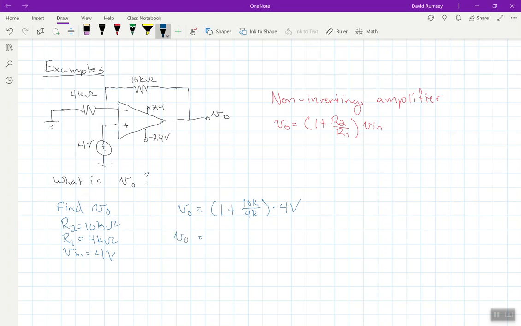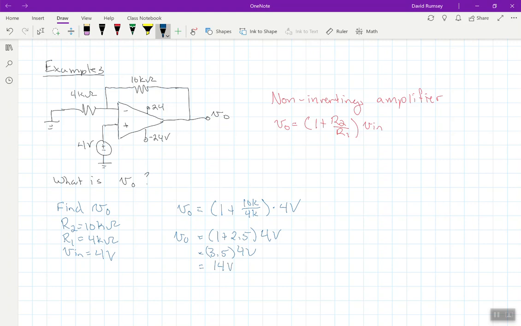Vout is equal to 1 plus 2.5 times 4 volts, which of course is just 3.5 times 4 volts. So we have 3.5 times 4, which of course is 14 volts.